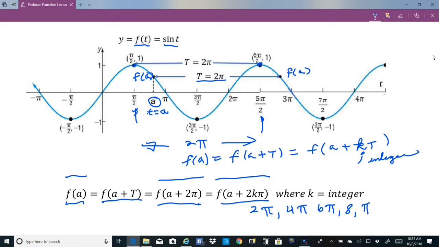So for the tangent function, the period, of course, is going to be pi. But for sine and cosine, it's going to be 2 pi.